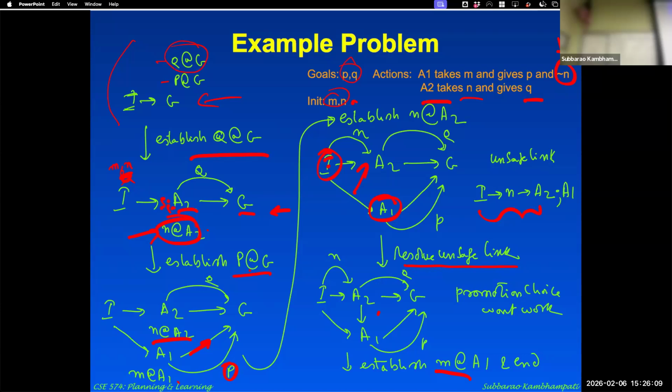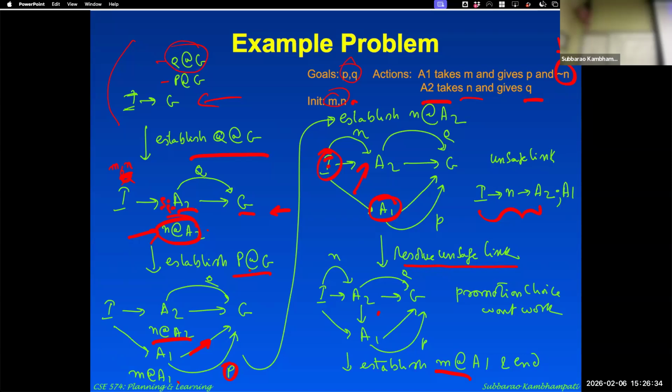So A and B currently are parallel, but in the execution you might do A before B or B before A. That's called possibility. Threats are all about possibilities. If it is a necessary threat, there is very little you can do. If it is a necessary threat, you can't promote or demote. You can only confront, if it is possible. If you understand what I'm saying.